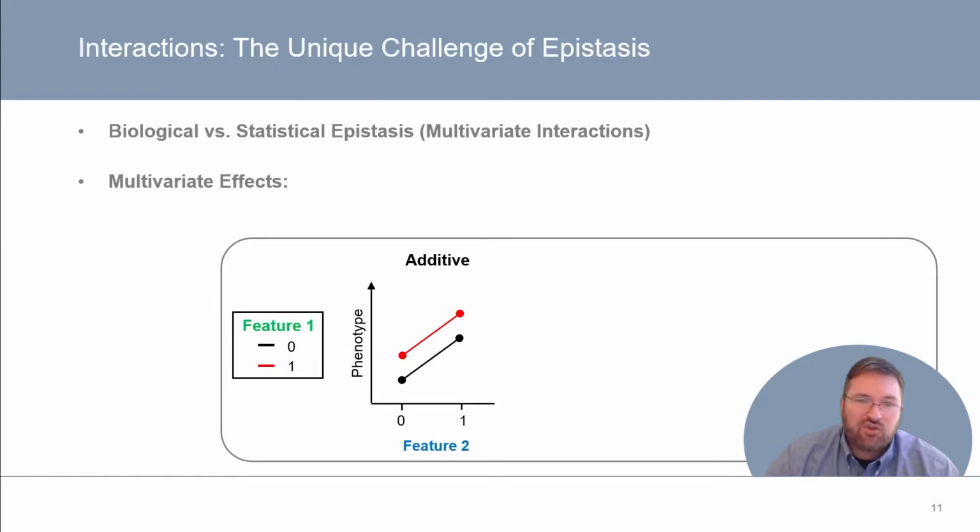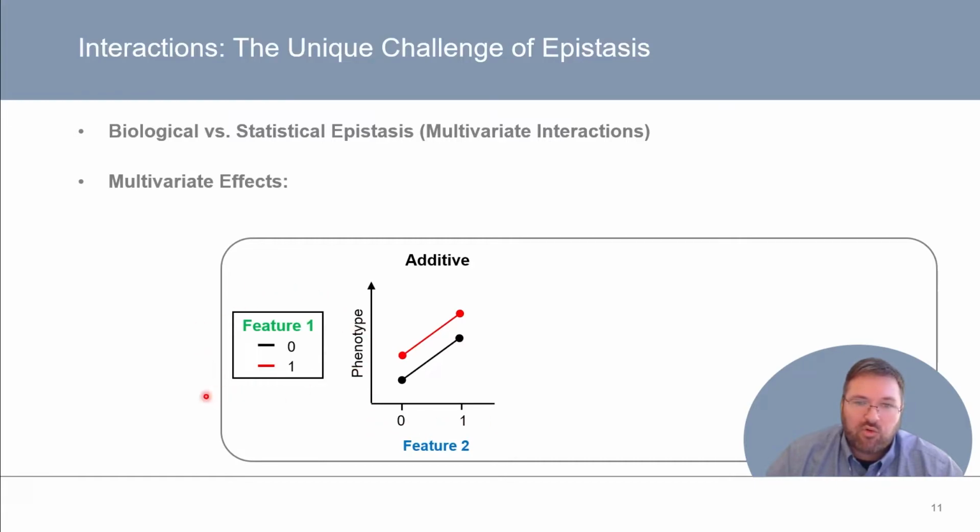Next, let's contrast multivariate effects in general with those that would be considered multivariate interactions. Let's start by looking at a simple multivariate additive effect, where each feature contributes its own univariate effect that adds up in impacting phenotype or outcome. In this illustration, we have two features, each with only two possible values, 0 or 1.